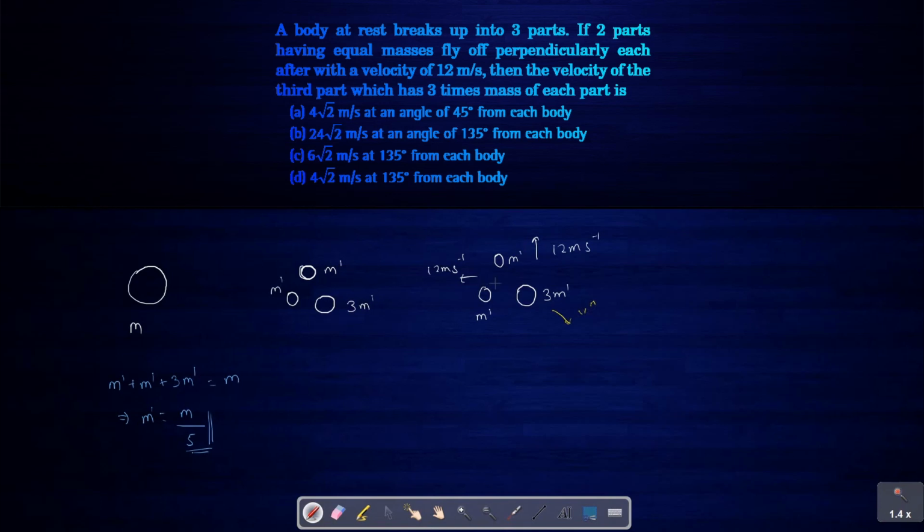By applying conservation of linear momentum, the entire momentum should be 0. So the velocity of 3m dash should be such that the entire momentum is 0. Let's say it's v double dash.